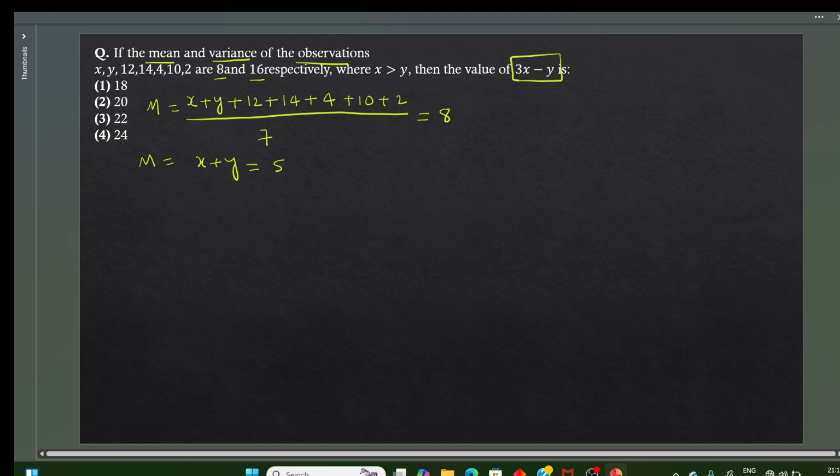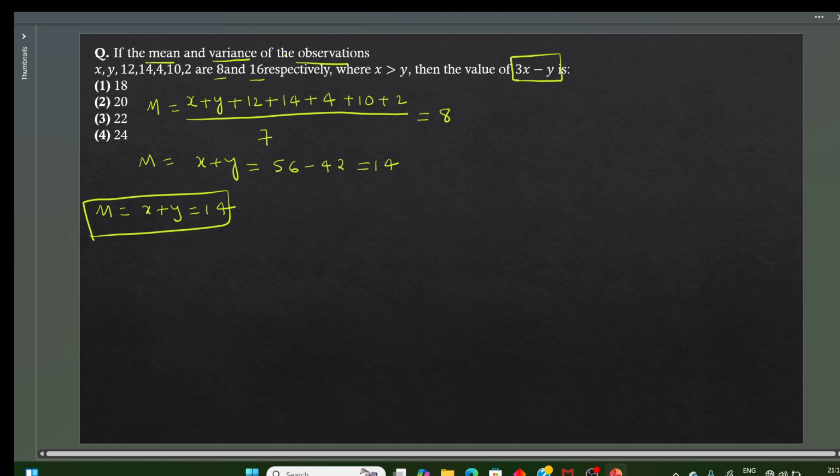So 56 minus 42 is 14. So x plus y is equal to 14. This is the mean value.